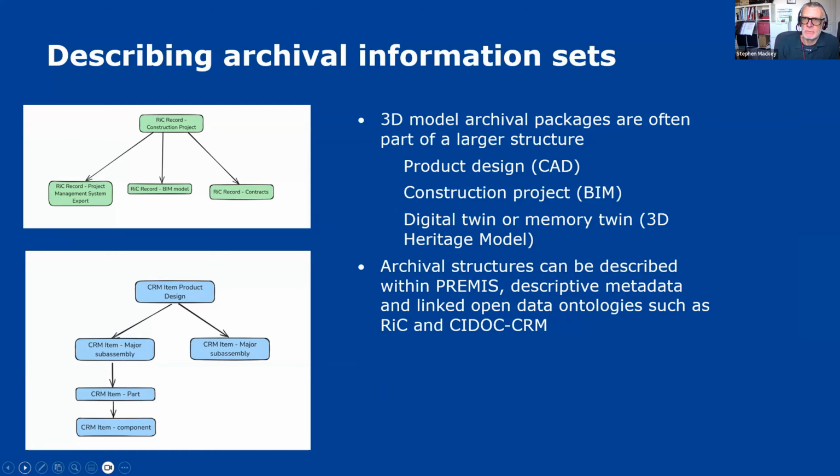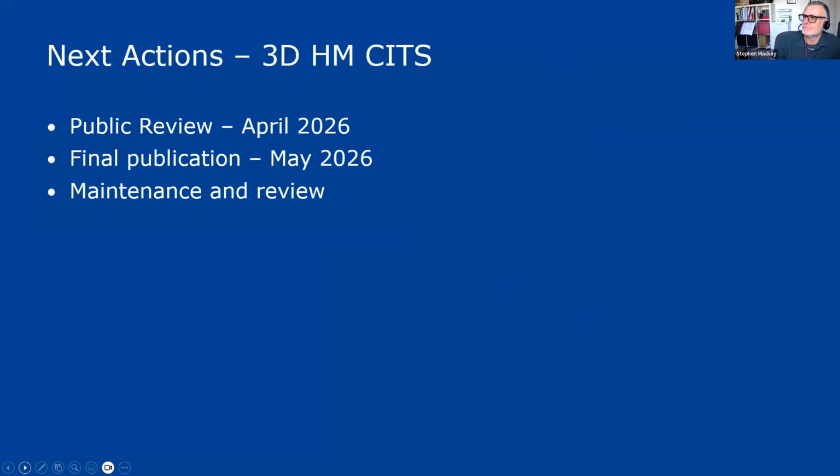One of the challenges, again, with these quite complex environments like product models and heritage models is quite often that we're dealing with not just single archival packages, but large sets, and sometimes hierarchical sets and taxonomies of archival packages, such as for a complete product or system design, which consists of many, many models. And these, again, can be described in conventional metadata, but that is really quite clumsy, but are better described using some of these linked data ontologies, such as the CRM or Records in Contexts.